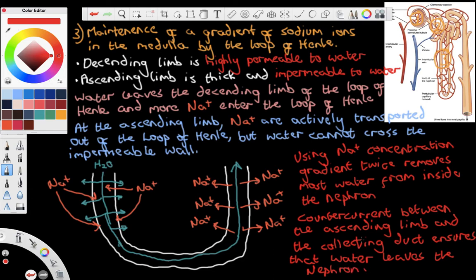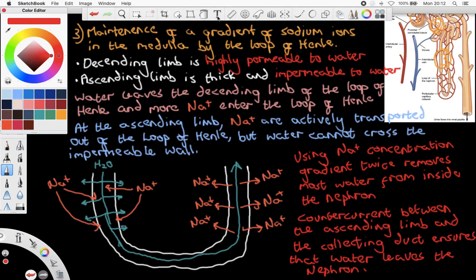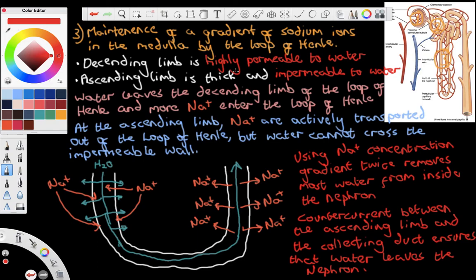If I'm honest, this is the difficult part of understanding how the nephron works. However, if you're not sure about this, drop me an email or come and see me and I'll go through it with you, okay? For now, you just need to understand that the descending limb is highly permeable to water, the ascending limb is thick and impermeable to water.